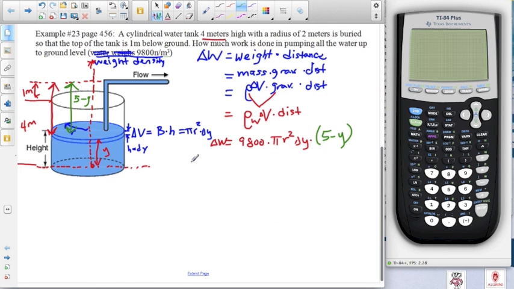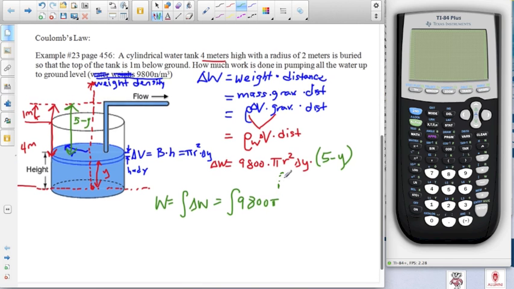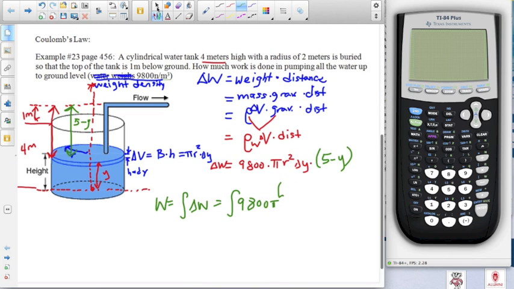So now to calculate the total work, of course, we need to integrate the incremental work. So we need to integrate this expression. So we're looking at 9,800 times pi times the radius, which is 2, 2 squared. This is your dy times 5 minus y.